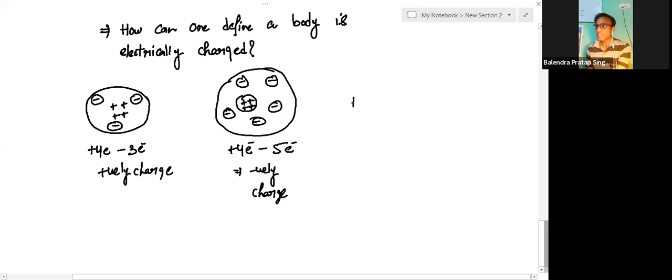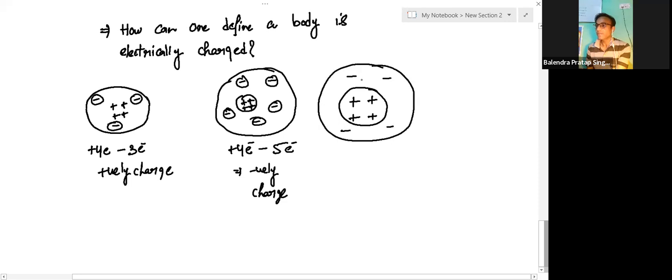And if a body has an equal amount of positive charge and an equal amount of negative charge, then as I already told you, it is a neutral body. It has +4 and -4 charge, so it is neutral, and the net charge is 0. Okay, so in this way we can define whether a body is positively or negatively charged.